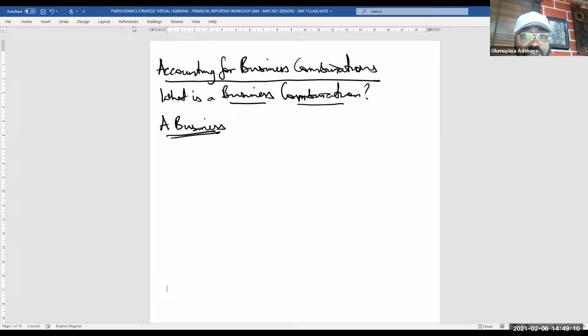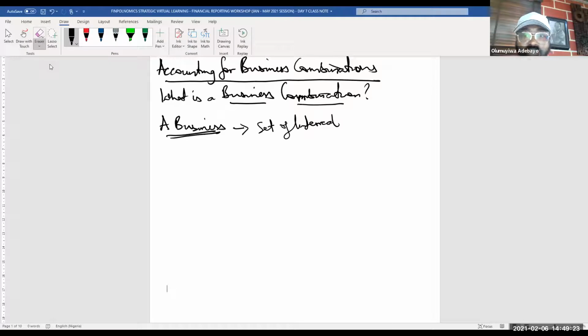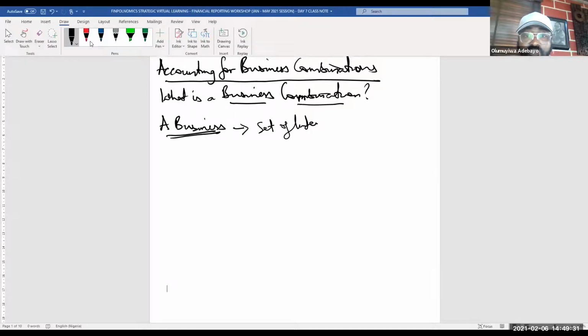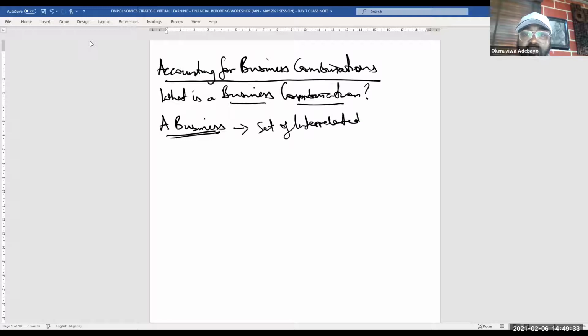First, in considering a business, we agree that it is a set of interrelated activities, an integrated set of activities. And we also recognize that it has three components.